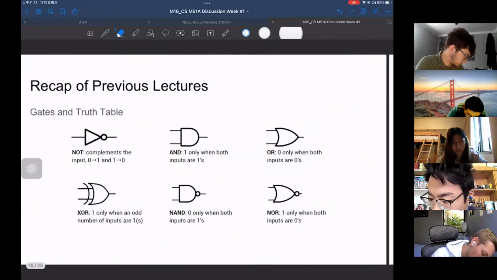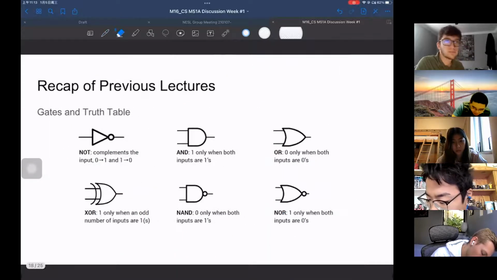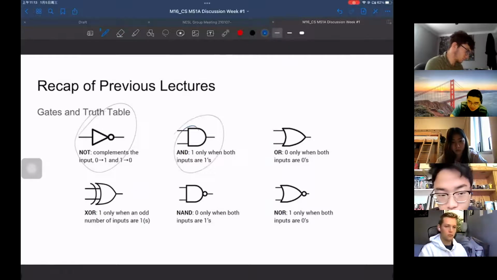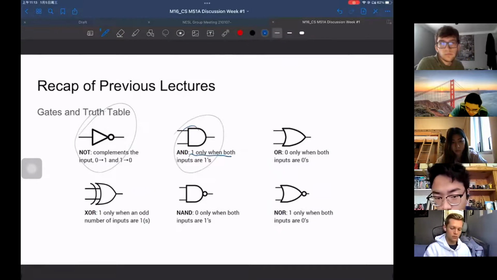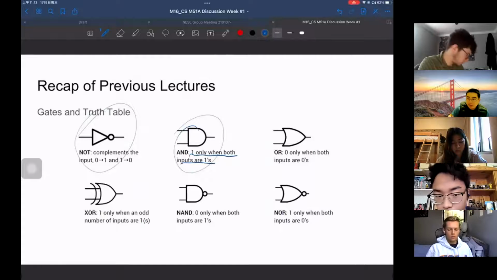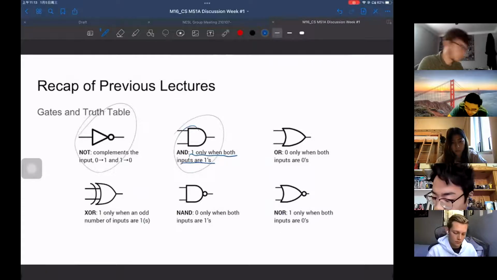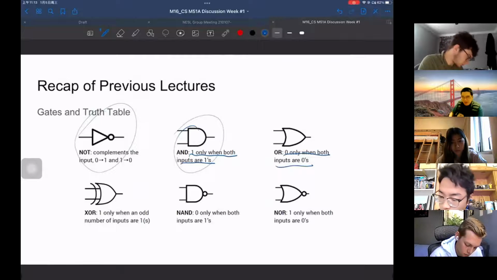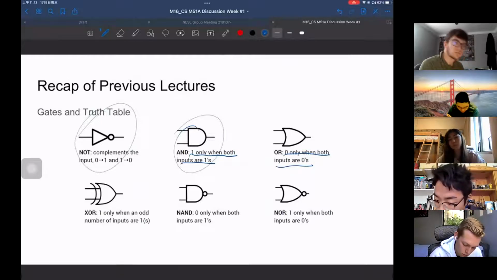Let's go back here and summarize. NOR gate, just flip it. That's simple, right? And AND means it only outputs 1 if both inputs are 1s. Or, more simply, OR means if there's a 1, then I will output 1.